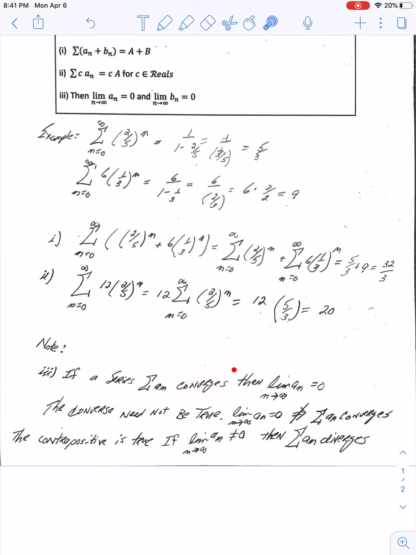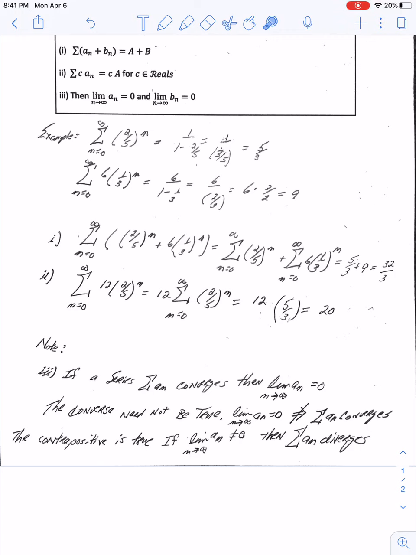But the contrapositive of this statement is in fact true. What's the contrapositive? If the limit of the a n's is not 0, then you can tell me the series diverges. But that's about as good as you can do.